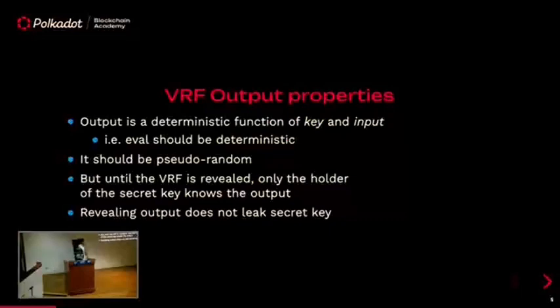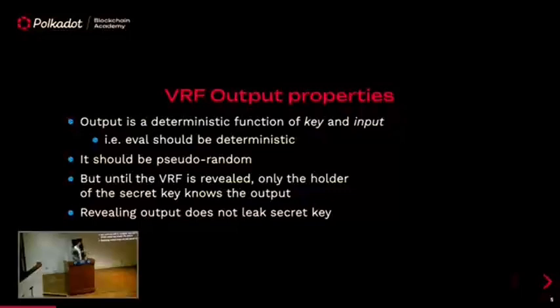That means that even though we call this the verifiable random function, it's actually deterministic. It's just hard to predict. That's what we mean by it's pseudo-random: you can't guess what your output would be for a particular input before doing the calculation yourself.